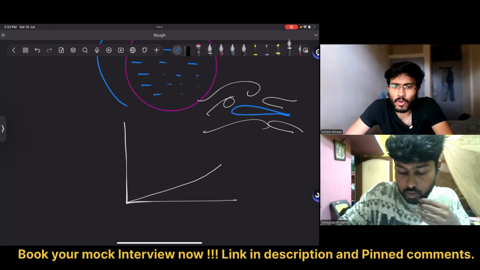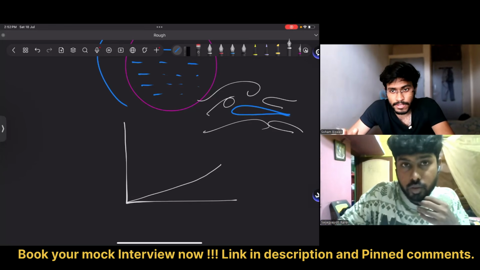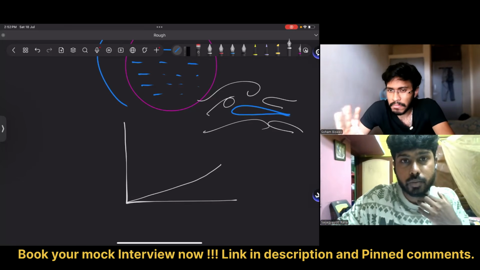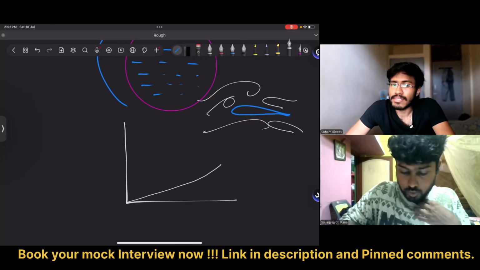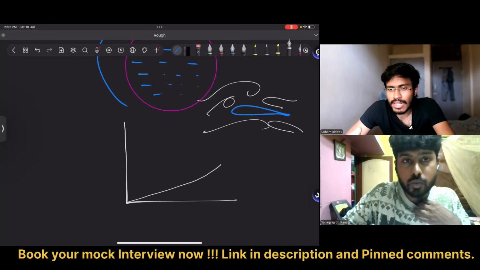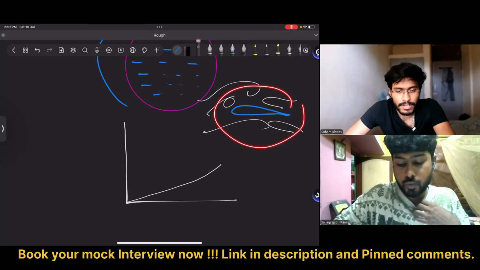See, in ISRO, you can always expect that some question or other will be asked about airplanes. So try to know everything about an airplane, the basic things, the engine. For fluid mechanics, try to know something about the basics of aerodynamics. Aerodynamics doesn't mean that you have to know it in very great detail, but you should know the basic fluid mechanics connected to aerodynamics that I have asked you here.